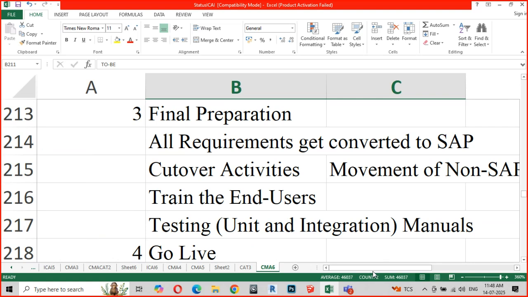Now, in this phase, what happens? As I said, the first and foremost activity is this. The consultants are working on the SAP implementation, and at the same time, they are also responsible for moving the non-SAP data to the SAP system.